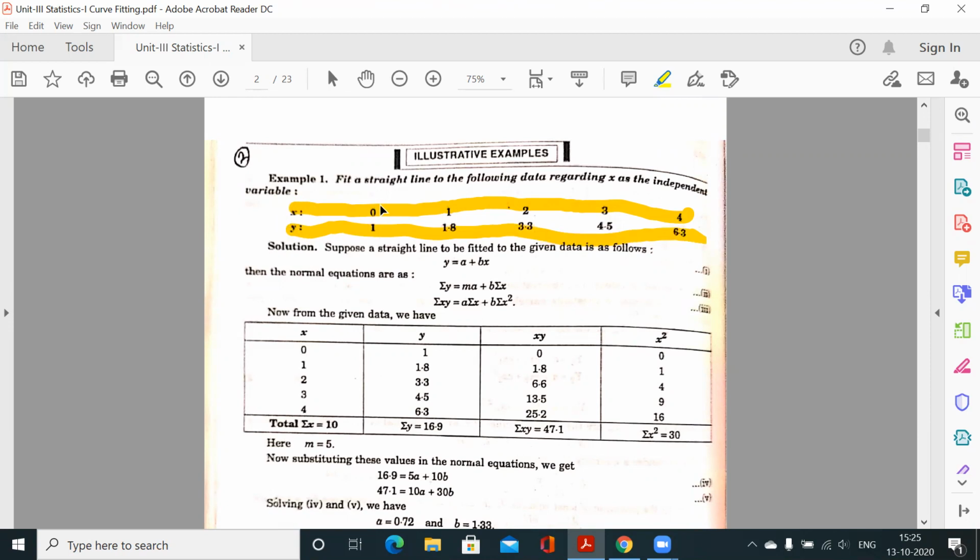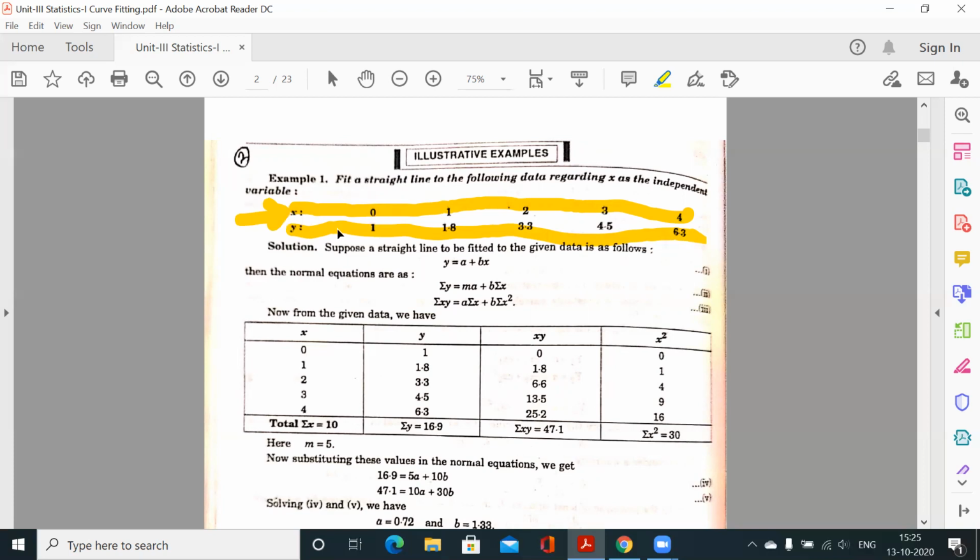Whenever x is 0, y is 1. Whenever x is 1, y is 1.8. When x is 2, the dependent variable is 3.3. When x is 3, it is 4.5. And when x is 4, y, or the function of x, is 6.3. So what we have to do in this topic is fit a curve to this data.